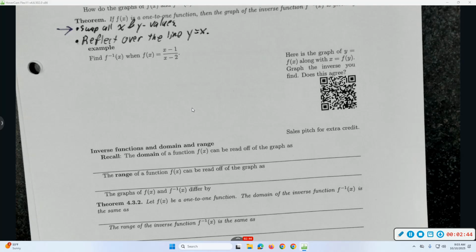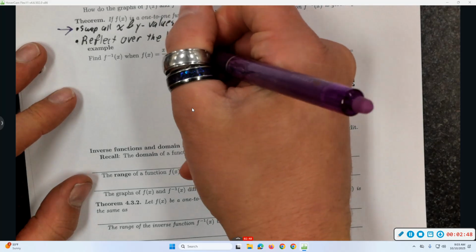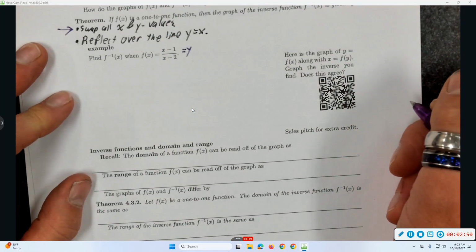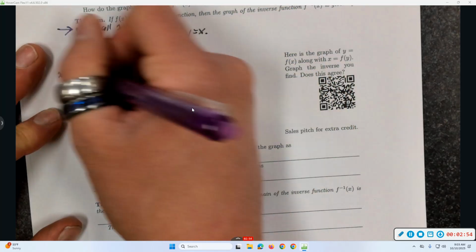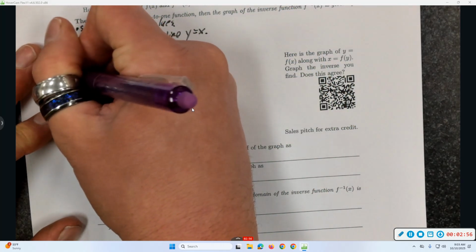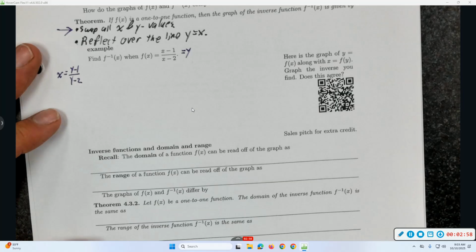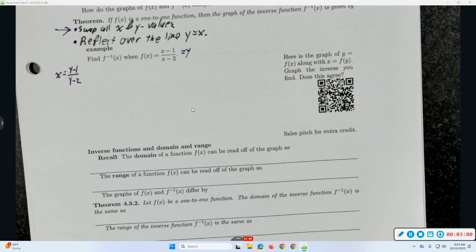I'm going to swap x's and y's, and what would that give me? Instead of thinking of this as y is the output, when you swap x and y, you get x equals y minus 1 over y minus 2. Cool. And then what should you do?